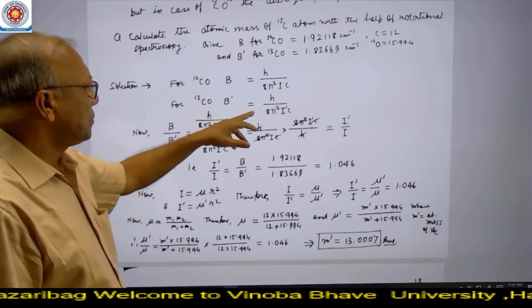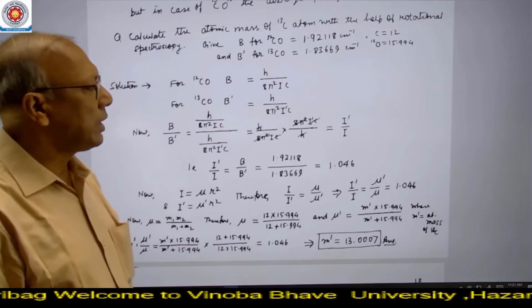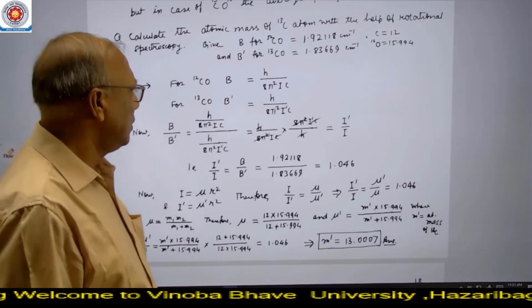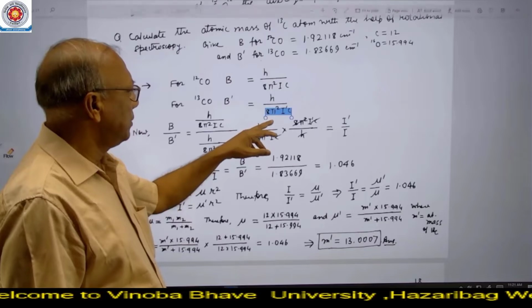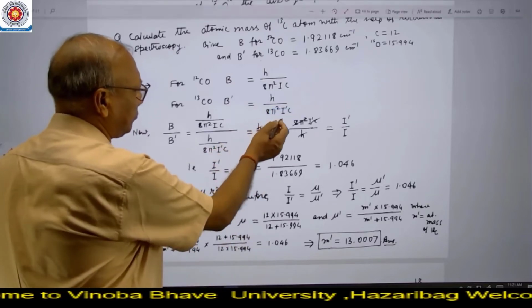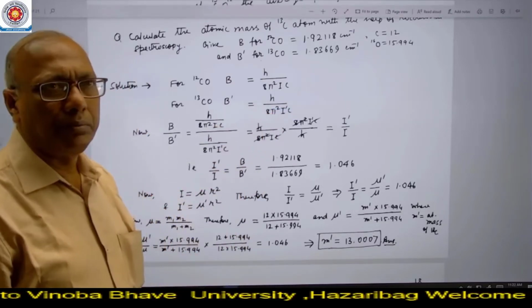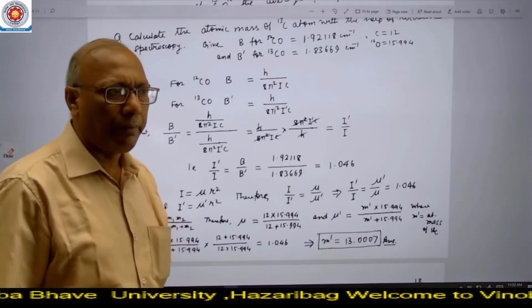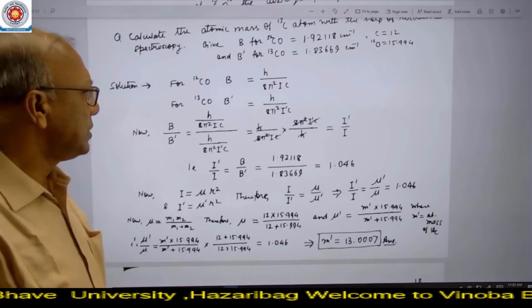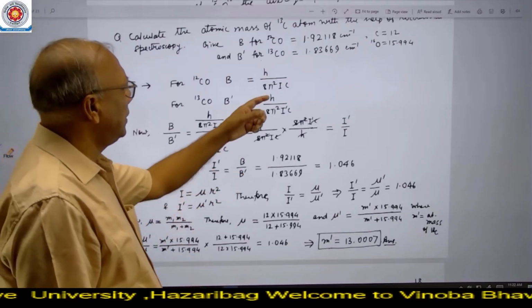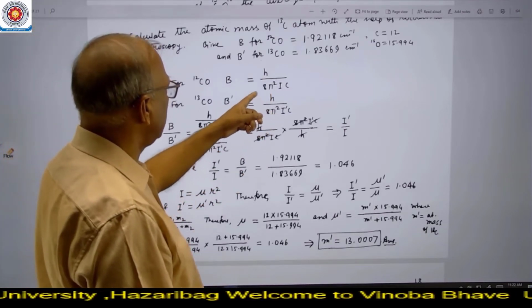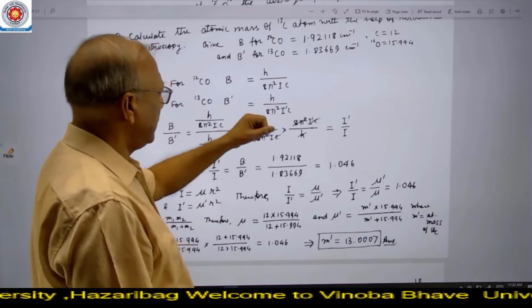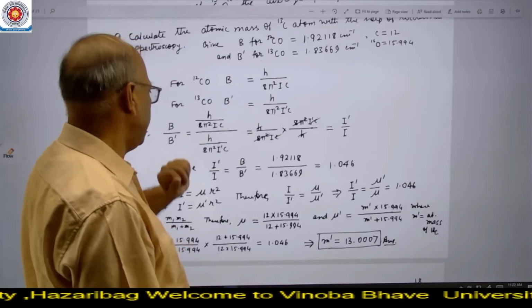So B dash is equal to h by 8 pi square I prime c, because 8 is constant, pi is constant, c is constant, but I, that is moment of inertia, is not constant, because when mass is changed, moment of inertia is changed. So the only change in this expression will be I, that is moment of inertia.